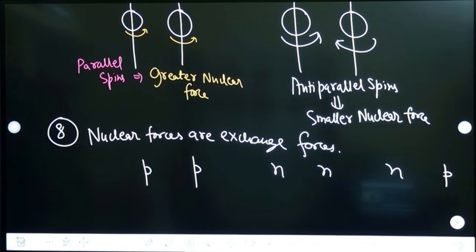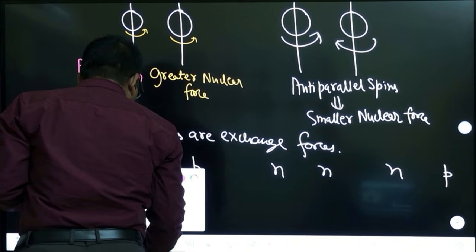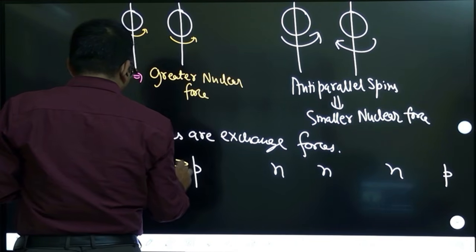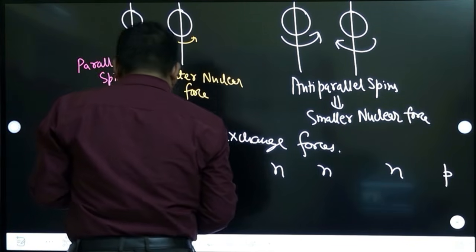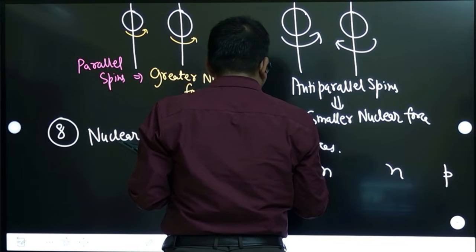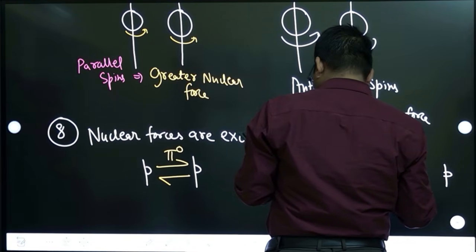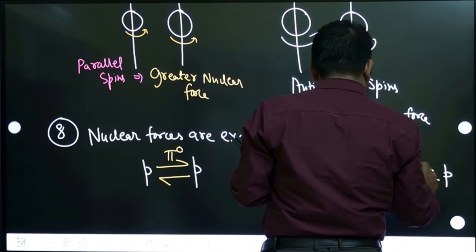There are smaller particles called mesons. That's what they are exchanging. So proton will exchange with each other pi naught. Neutron will exchange pi naught, and proton and neutron will exchange, right?